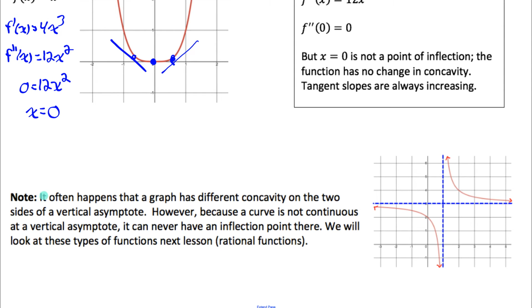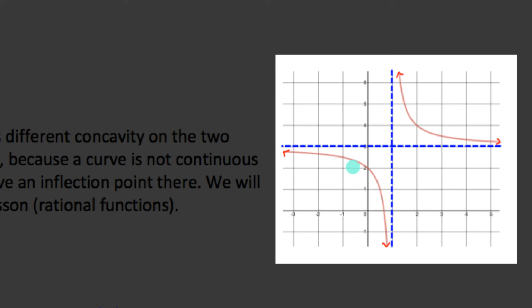Another important thing I need to point out to you here is a function can change concavity on either side of a vertical asymptote. If we look at this function, the function is a hyperbola, right? It's got these two branches. On this branch in the bottom left here, the function is always concave down. The slopes of that function are decreasing. To the right of the vertical asymptote, in the top right here, its slope is always increasing, so it's concave up.